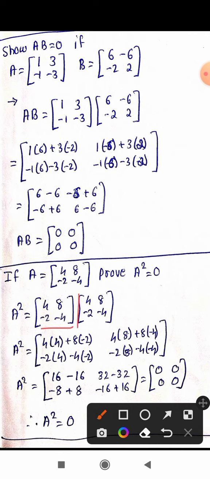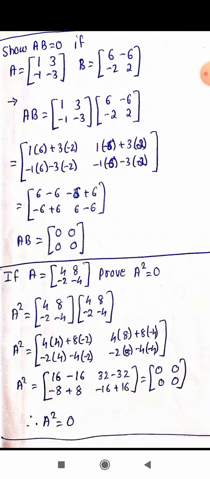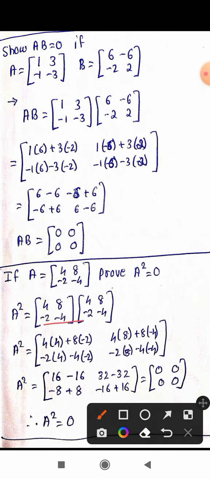Row into column, minus 2 into 4 minus 4 into minus 2. Again row into column, minus 2 into 8 minus 4 into minus 4.